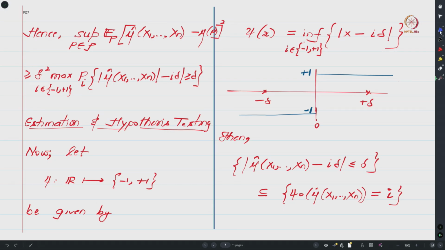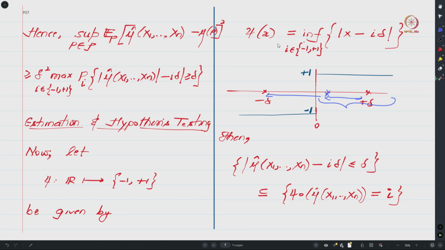Whenever your x is over here, on the right side of your origin, I hope you agree that the outcome of this definition will be plus 1, because this value will be closer to plus delta as compared to the distance to minus delta. So one can conclude that the i that achieves the infimum when x is to the right of the origin is plus 1, and hence psi of x is plus 1.